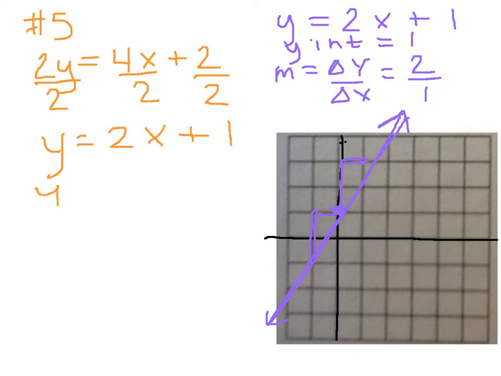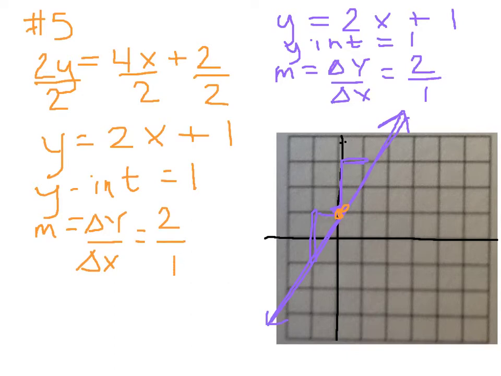Now, my y-intercept is equal to 1. So I have that point right there. And my slope is the change in y over the change in x, which is equal to 2 over 1. So I'm going to go up 2 over 1, up 2 over 1.